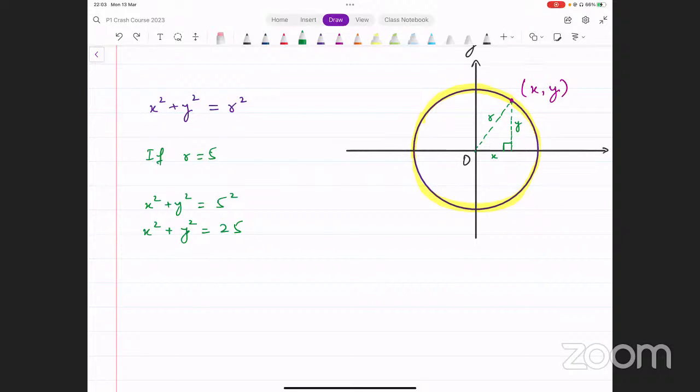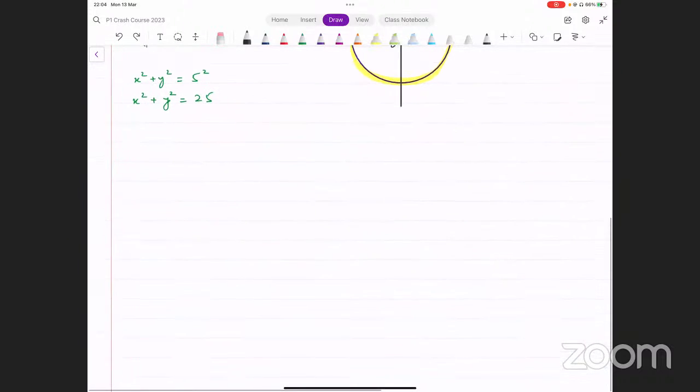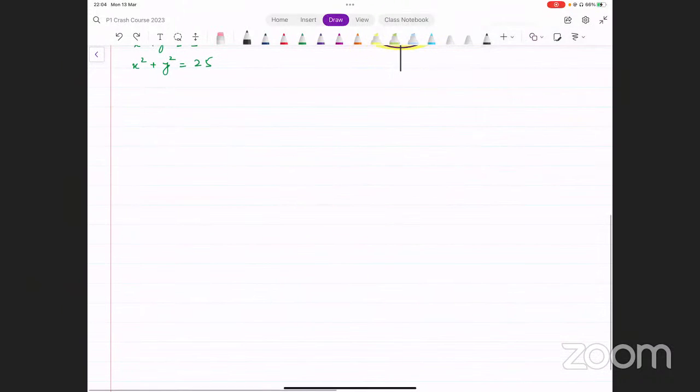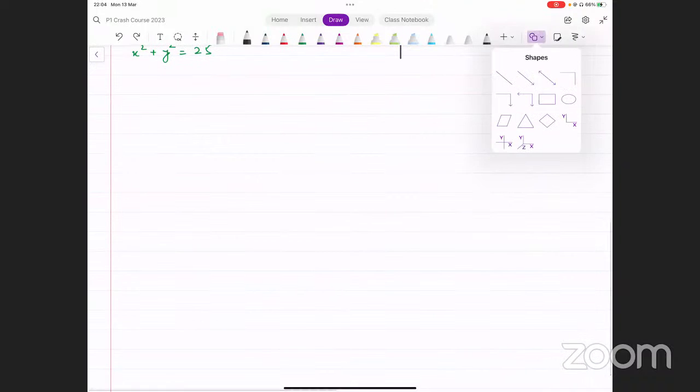Now, what if the center was not at the origin? Let's say it was somewhere else. Now, how do we think about that? Let me take another example. Now, let's say we again have x and y axes like this.